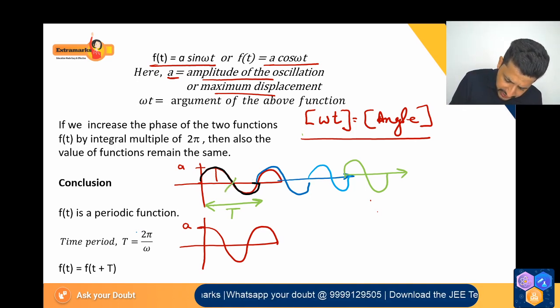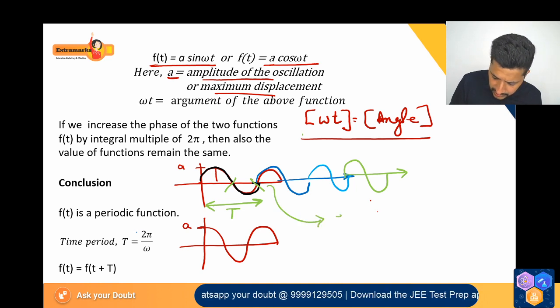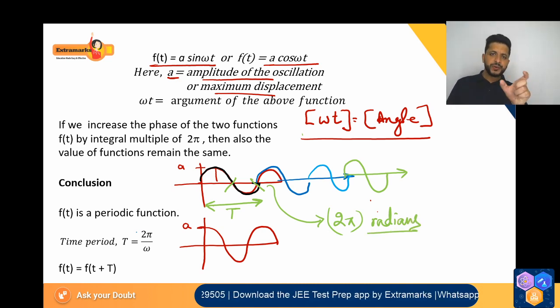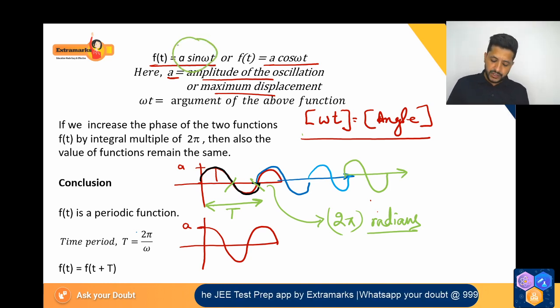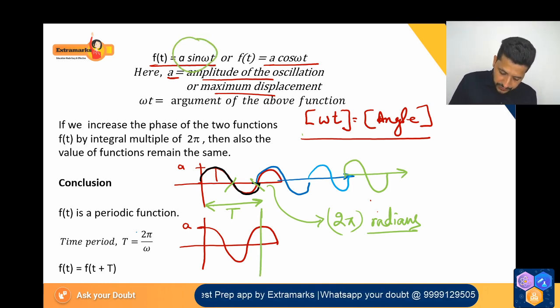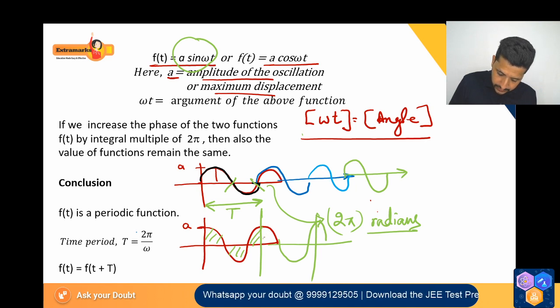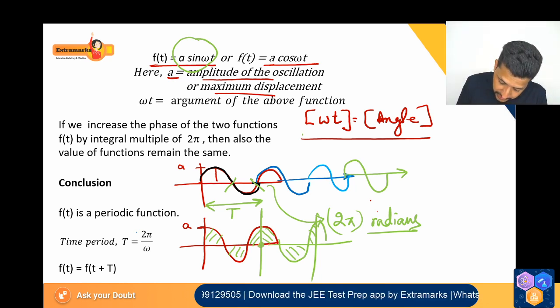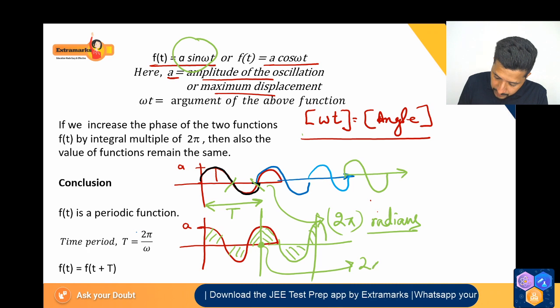This is 180, so this is 360 degrees, which is 2 pi radians. So 2 pi is the angle after which the sine function a sine omega t repeats itself. Similarly for cos, this much portion gets repeated again. Here also, this will be 2 pi radians.